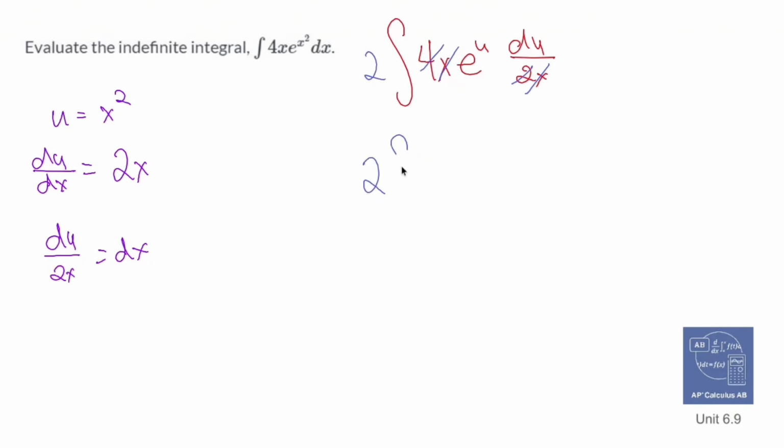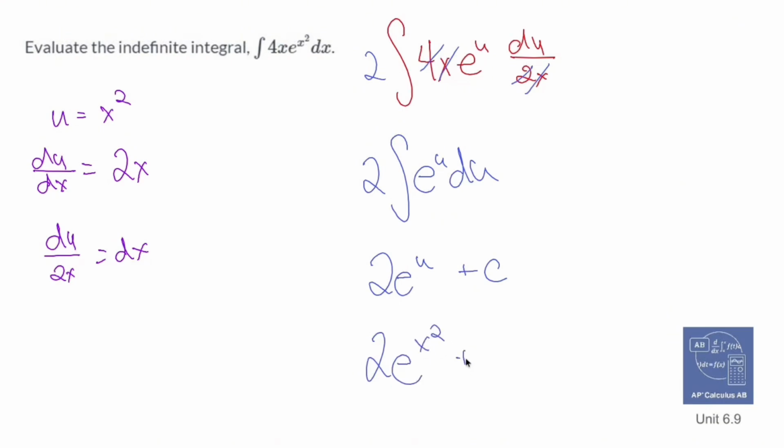So I have 2 times the integral of e to the u du. The integral of e to the u is e to the u, so 2 e to the u plus some arbitrary c. I'm not going to circle this, though, because originally I didn't have a u. I had x squared, so I have to substitute back in x squared. So 2e to the x squared plus some arbitrary c. And that'll do it.